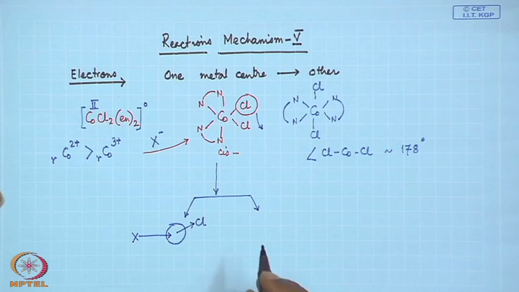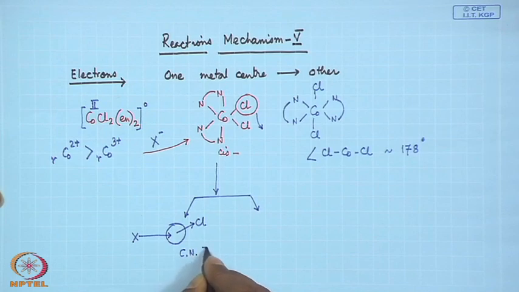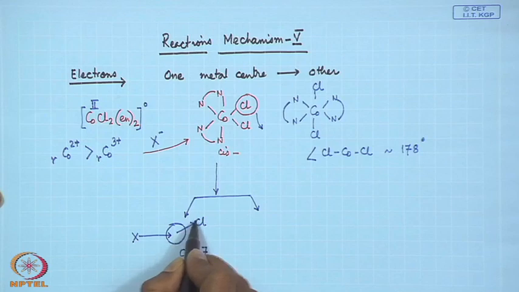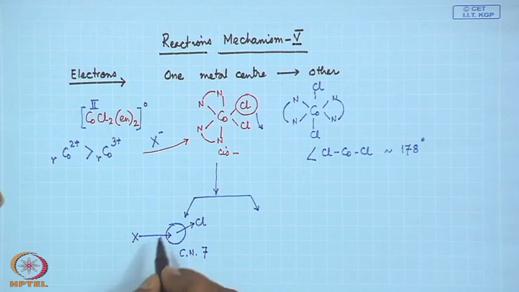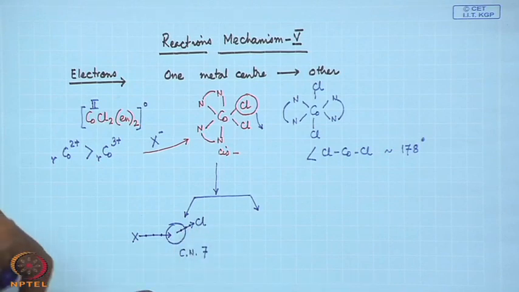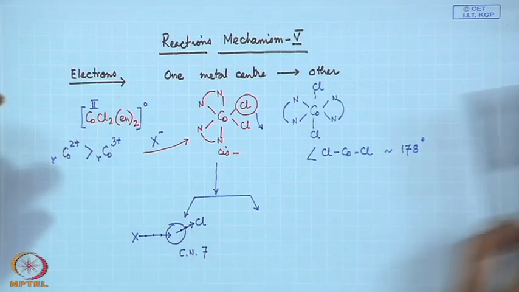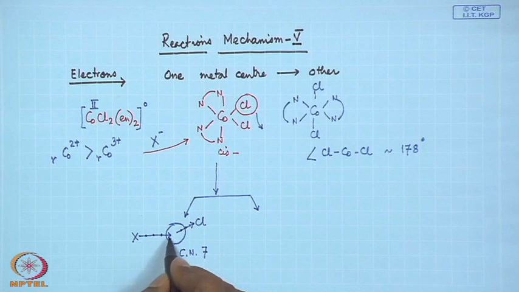So, this is one situation where our coordination number can be increased to 7, where these 2 bonds are pretty weak. One is going to break, another is going to form. We can consider this with the dotted lines for the longer bond distances of cobalt X and cobalt Cl.